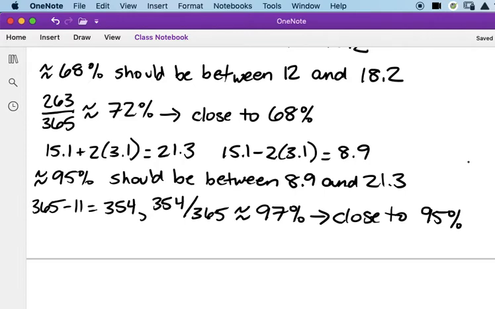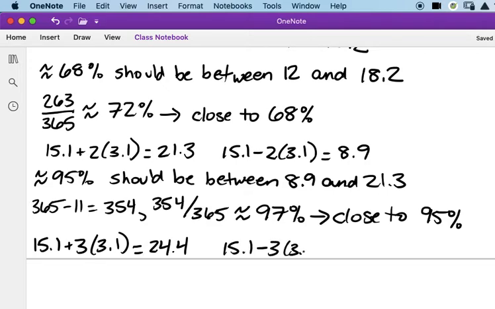And lastly, we need to test 3 standard deviations of the mean. So 15.1 plus 3 times 3.1, which equals 24.4, and 15.1 minus 3 times 3.1, that equals 5.8.